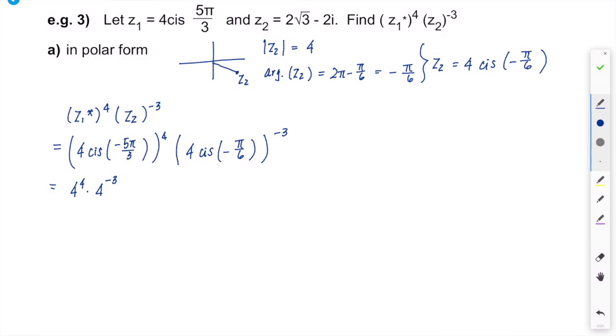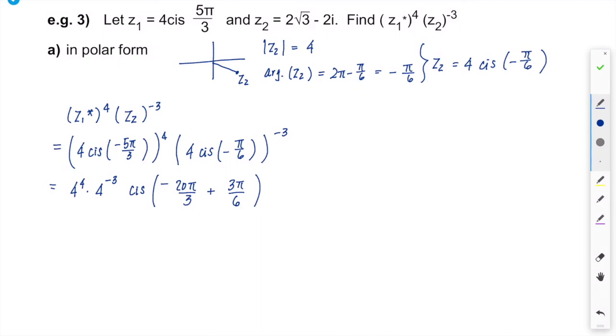And then for our arguments, we're going to have negative 4 times 5 pi over 3, which is negative 20 pi over 3. And then multiply to the second complex number after I raise it to the power of negative 3. This is going to have 3 pi over 6, plus, because negative negative makes positive.